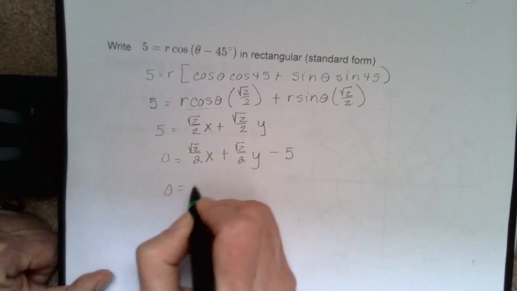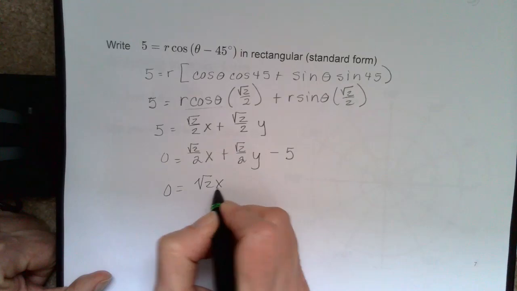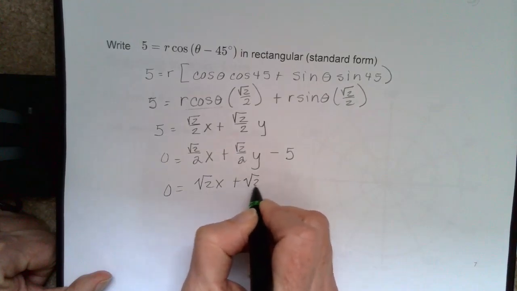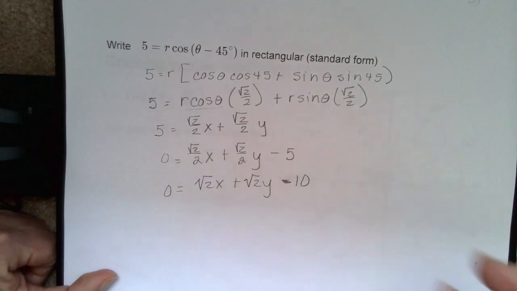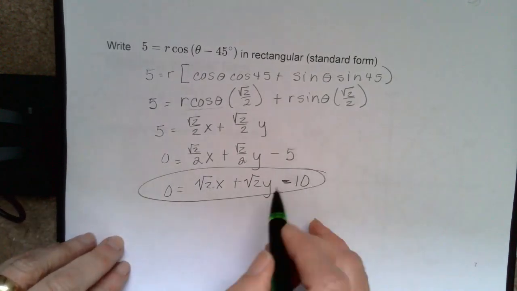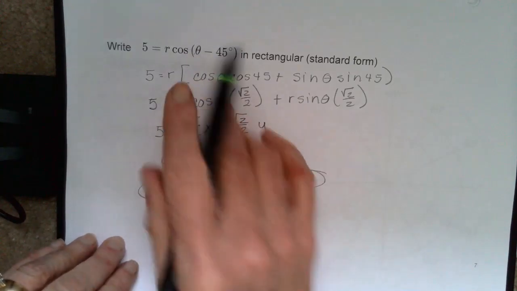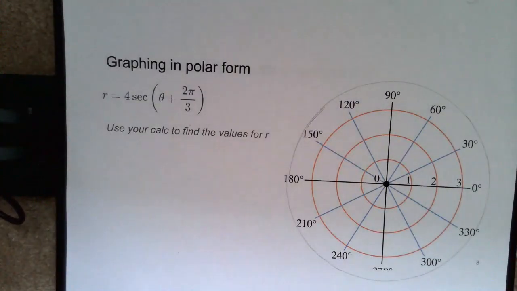So I have 0 is equal to the square root of 2 x plus the square root of 2 y minus 10. Okay, so that is the rectangular form of that polar form. Then we're going to do some graphing here, but I'm going to pause the video and come back to it.